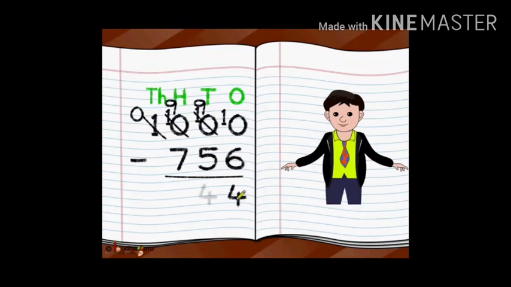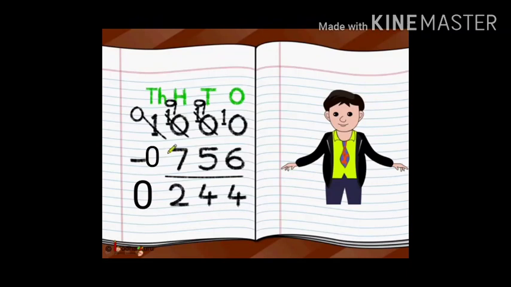So 10 minus 6 is equal to 4, and in our tens place 9 minus 5 is equal to 4, and now on the 100 place 9 minus 7 is equal to 2, and on the 1000 place we have 0 minus 0 is equal to 0. So Rajat will get 244 rupees back from the shopkeeper.